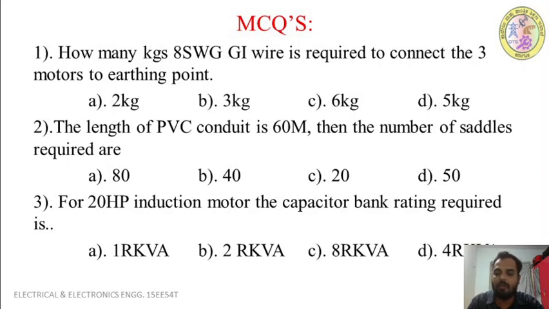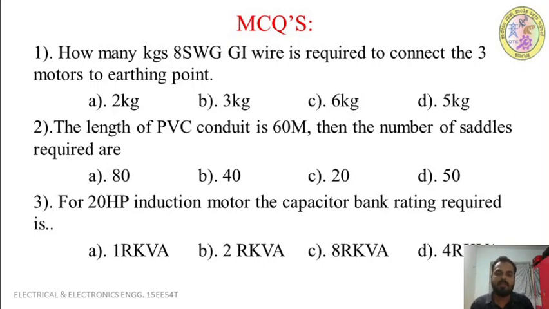Lastly, we calculated the total lump sum materials required, that is teak wood boards, neutral links and earthing materials, everything. Next, we made a table of the materials with their specification and quantity, and finally we calculated the cost estimation. So that is the flow of calculation for a given problem.